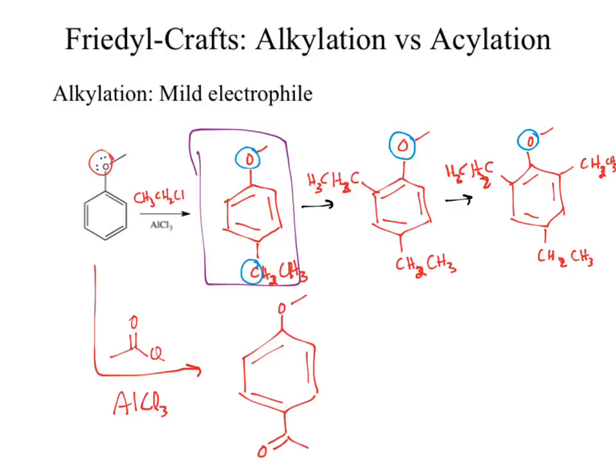Okay. Which ring should react first, our bottom or our top? I know it's a little bit weird, I'm calling this one the top and this one the bottom now. Why the top one? It has an activator on it, and when we look at the bottom one, there is an activator and a deactivator. So as soon as we do that first substitution, we've slowed this product's ability to react.